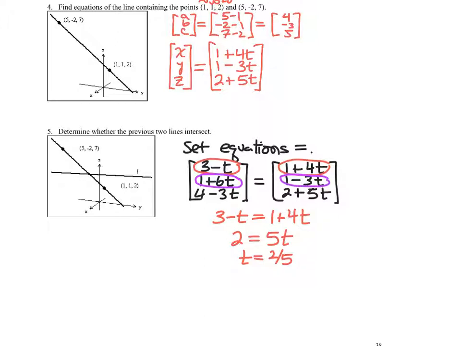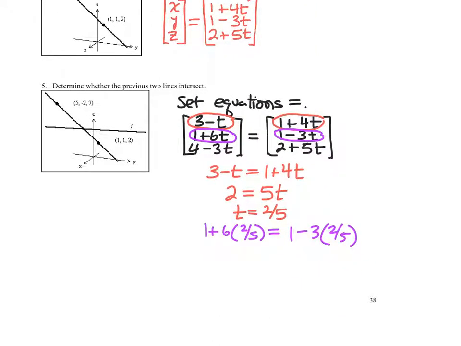All right, so I need to know, is 1 plus 6 times 2/5 going to be the same as 1 minus 3 times 2/5? Because if it's not true, then we're saying that we can't get equality here, because that t has to be true for each component.